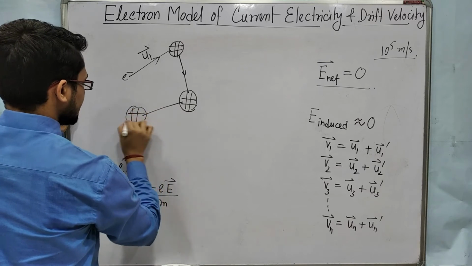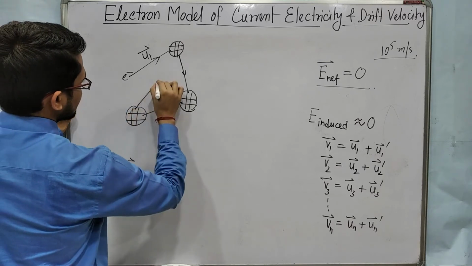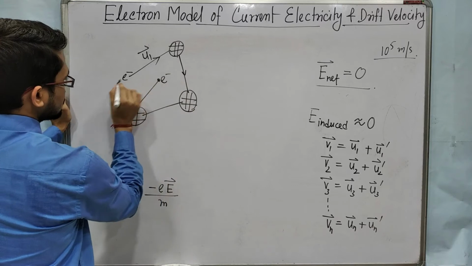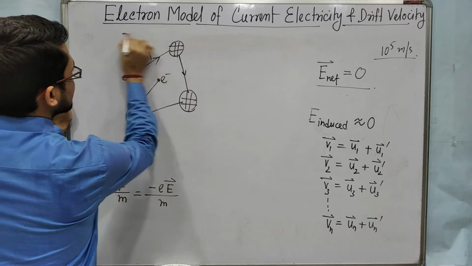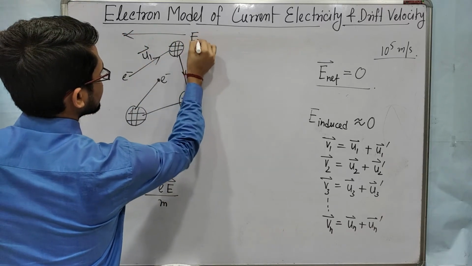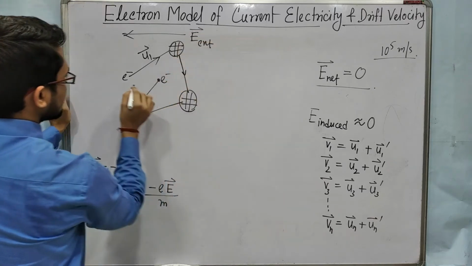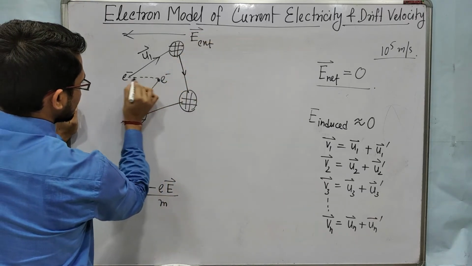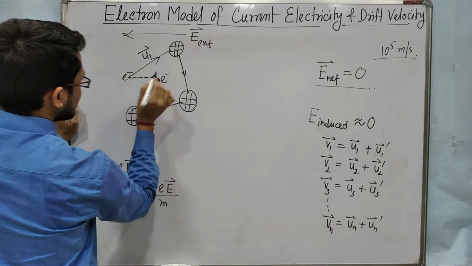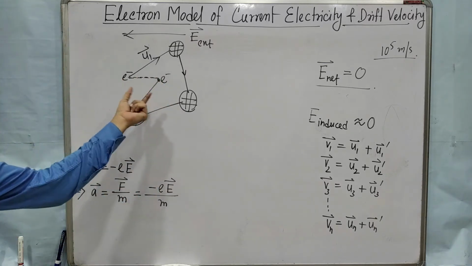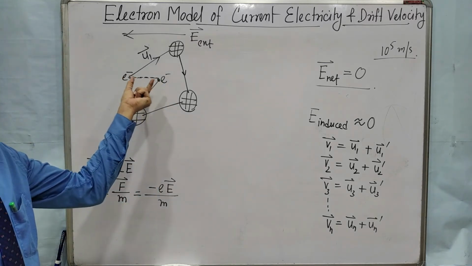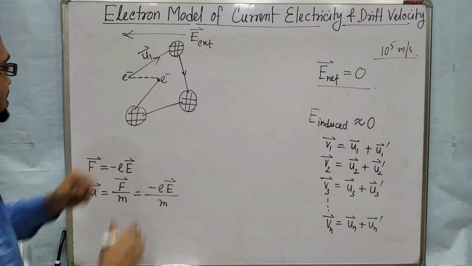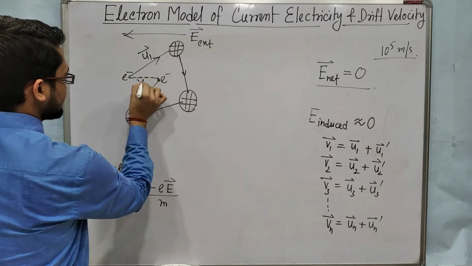Again another collision, and at the end suppose it is going here. Suppose the electric field is in this direction, E external, and electrons are drifted in the direction opposite to the electric field. So this is the displacement. The ultimate displacement is this much, and this is due to the drift velocity.